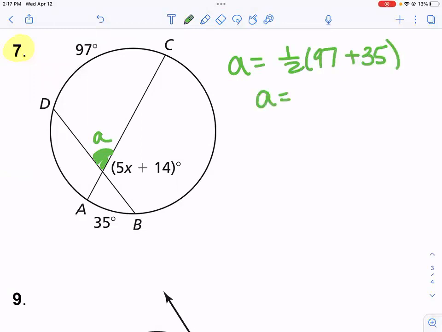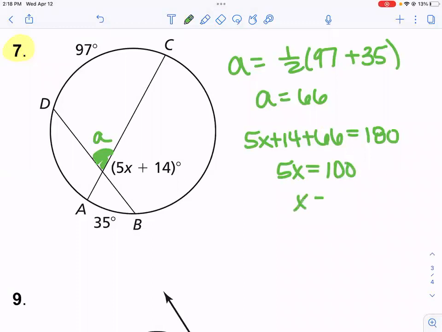So A is 66. What do we know about angle A in this 5x plus 14? They're supplementary. That's perfect.